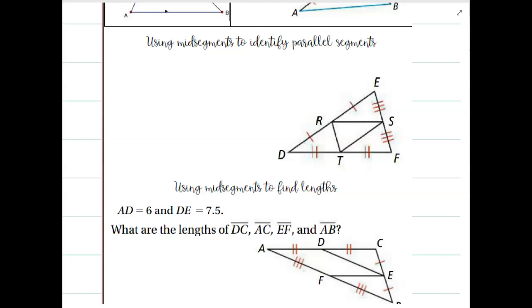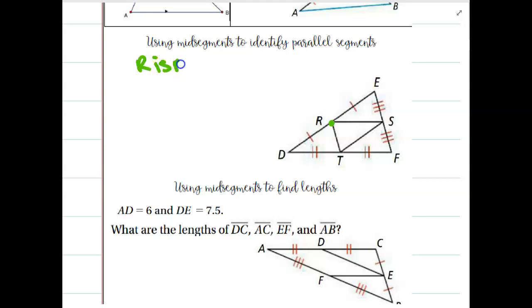So for example, R is the midpoint. How do I know R is the midpoint? These marks tell us this segment's congruent to this segment. So R is the midpoint.